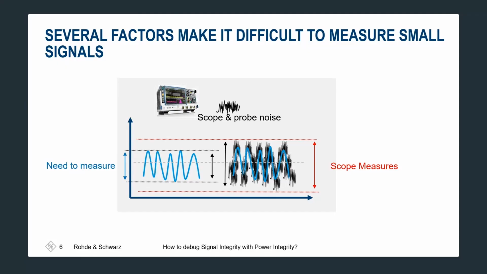Let's say we need to measure low-level signals, but due to the noise added to the measurement system, including scope plus probe, a peak-to-peak voltage greater than the true signal values is shown and measured. The best approach is to start with an oscilloscope that has a low intrinsic noise level and select a proper probing system for this kind of measurement.